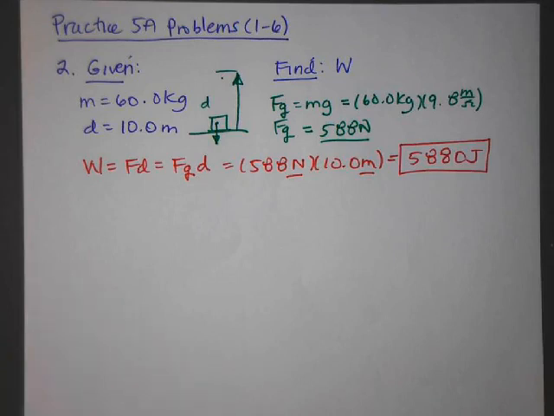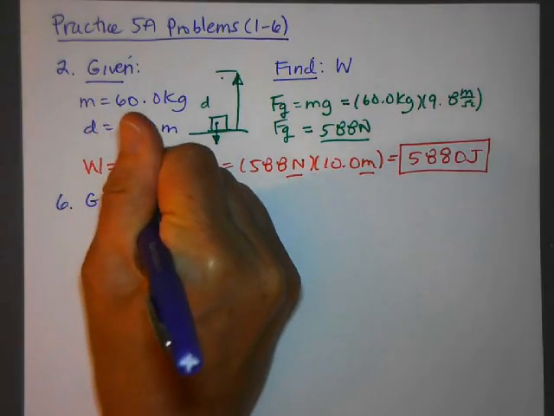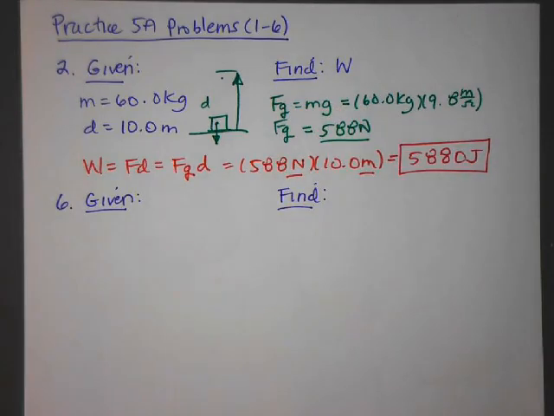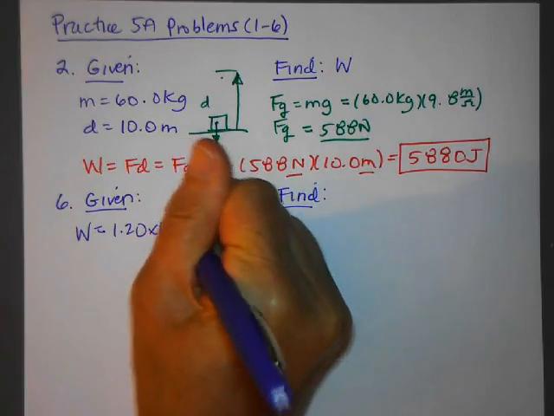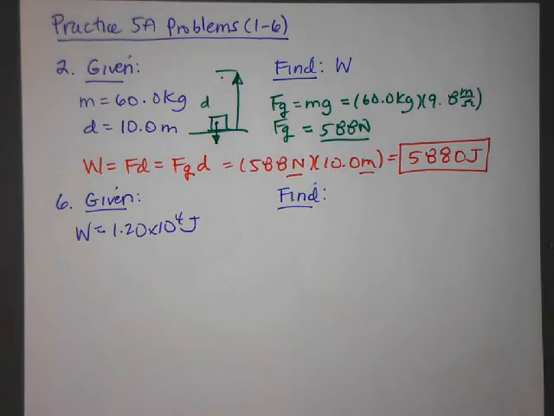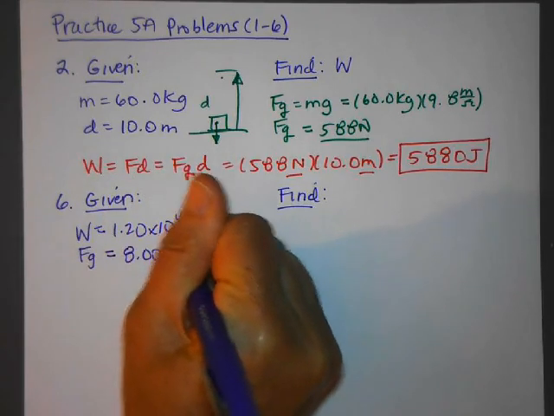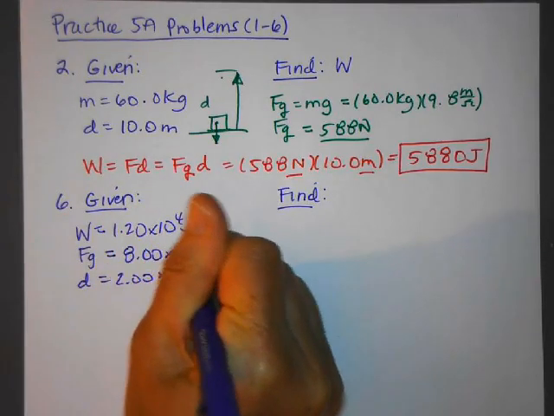All right, let's look at number 6. So again for number 6, we're going to write our given and we're going to write our find. So it says it takes 1.2 times 10 to the 4 joules of work, so that's W, to pull a loaded sled weighing, so now that's the weight of the sled, a distance of 2 times 10 to the 2 meters.